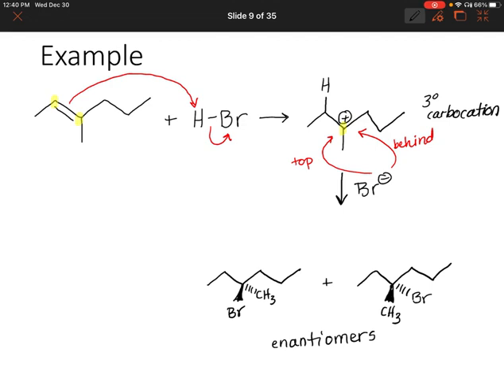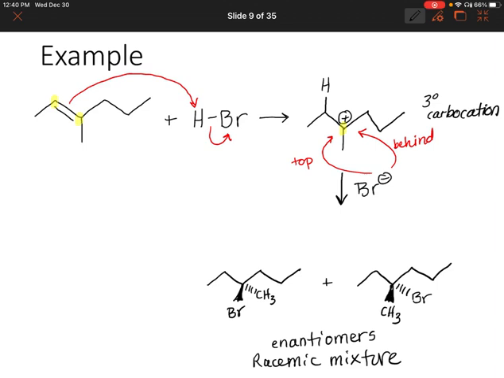Okay, now what's also interesting is we will end up with a 50-50 mixture of these enantiomers, which is called a racemic mixture. So, are racemic mixtures optically active?